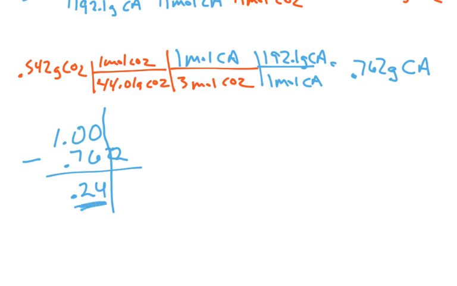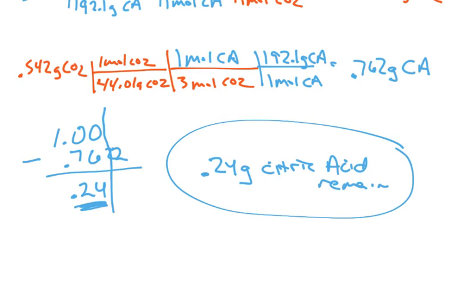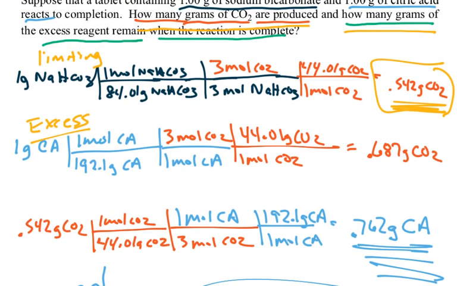Okay, so our answer only is going to have 2 sig figs. 0.24 grams citric acid remain. Okay. So we figured out how much we used. This number should always be less than what you started with. If it's not, you picked the wrong limiting reagent.